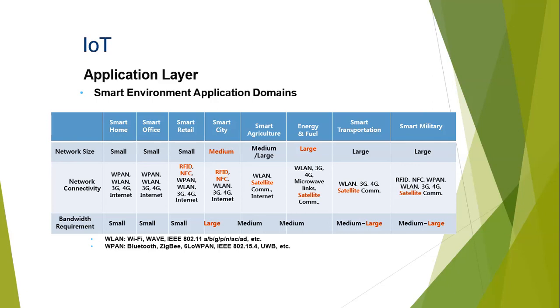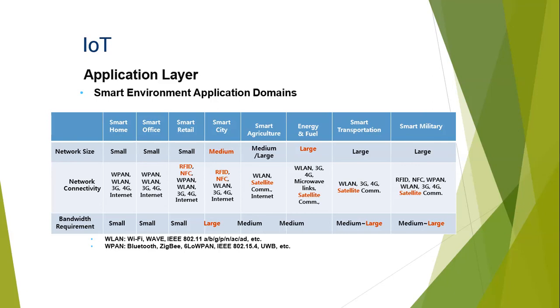Now we look at the network connectivity. The basic units that you can see for smart home, smart office, smart retail are wireless personal area network, wireless local area network, and also 3G/4G mobile communication, and the internet, which is a part of your smart home, smart office, and smart retail, is a wireless network.